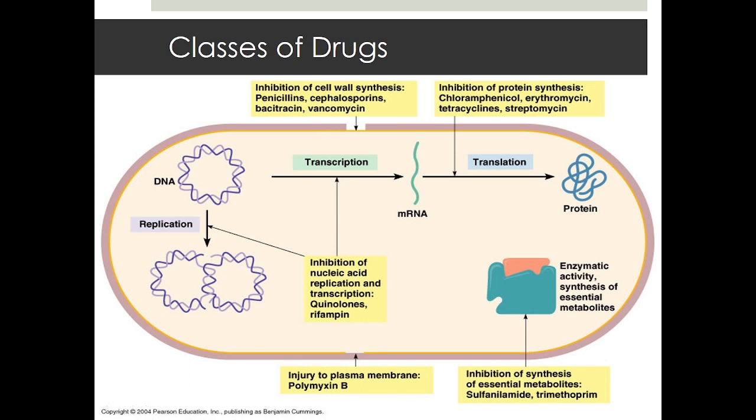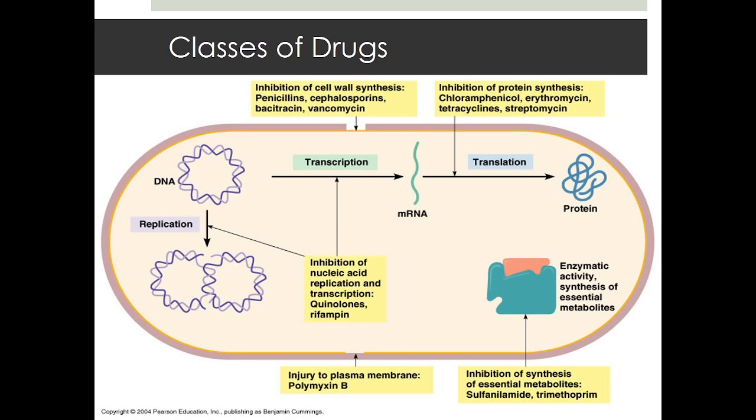If we inhibit the synthesis of proteins, lots of those enzymes that are required for cellular work will not function. If we inhibit the replication and transcription of different genes in the DNA, cells can't divide well. If we injure the membrane, again, that's similar to what we saw up here. We compromise the integrity of the cell, which can cause leakage. And of course, the inhibition of enzymatic activity can cause a lack of metabolites or other things that would necessarily be required for normal cellular function.